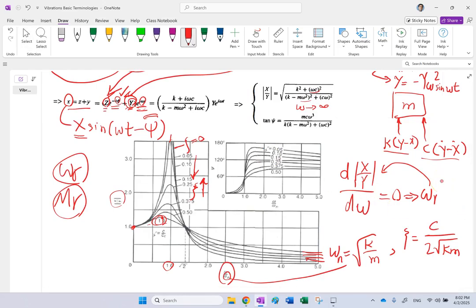Now, if you look at the angles at omega of 0, of course, tangent of psi is going to be 0, so all meet at 0. When omega goes to infinity, what happens? The order of the numerator is bigger than the denominator, because this is order 3 and the denominator is order 2.